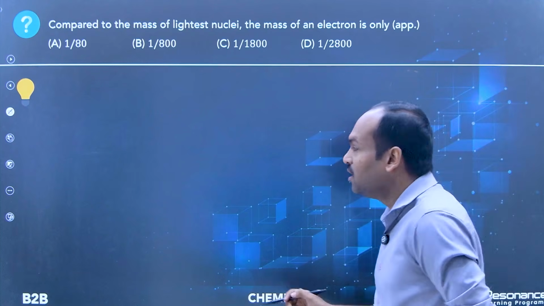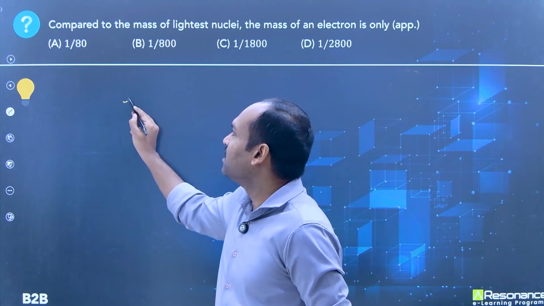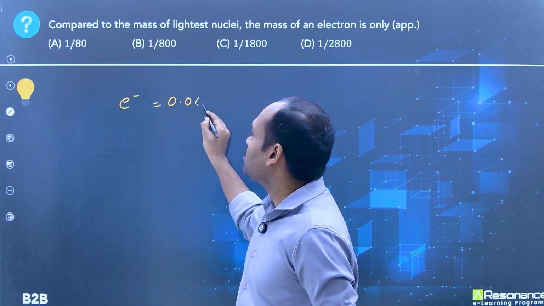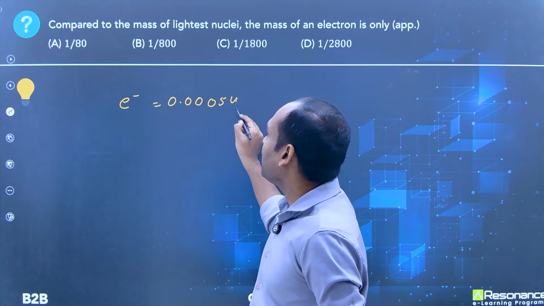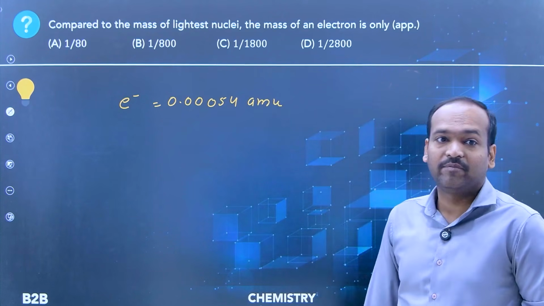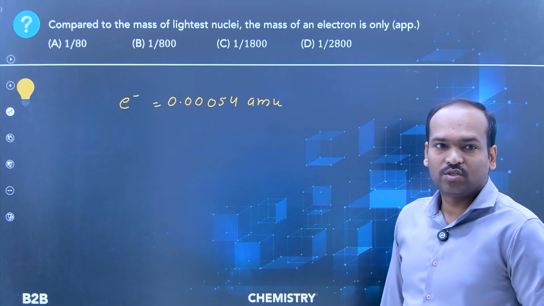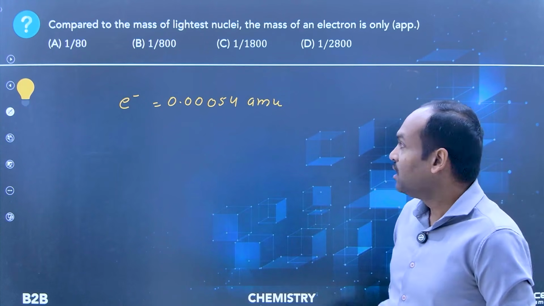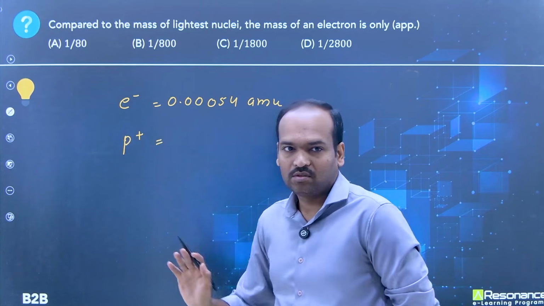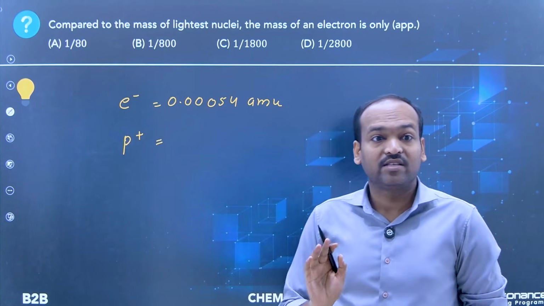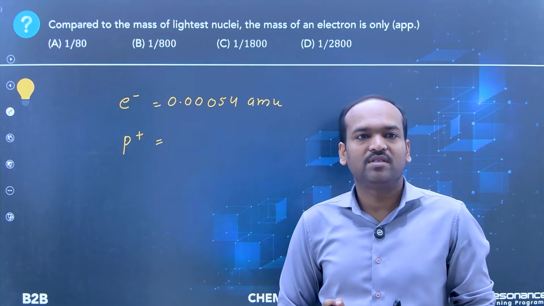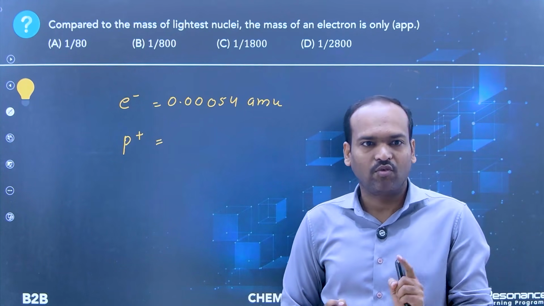Listen carefully. The electron mass is 0.00054 AMU in relative mass. And lightest nuclei means one proton only.